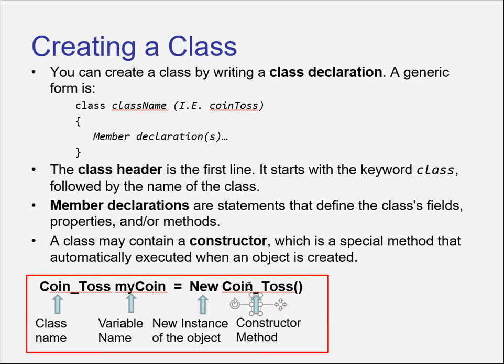The constructor is the same name as the class, and it constructs a new instance of that object up onto the heap. That's what's going on when we define or create a new instance of that class. And this is how we do it. You should recognize this kind of syntax because we've used it throughout the course.